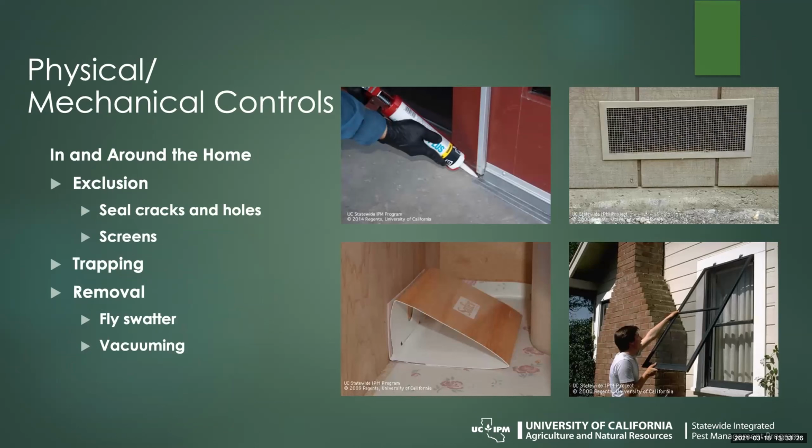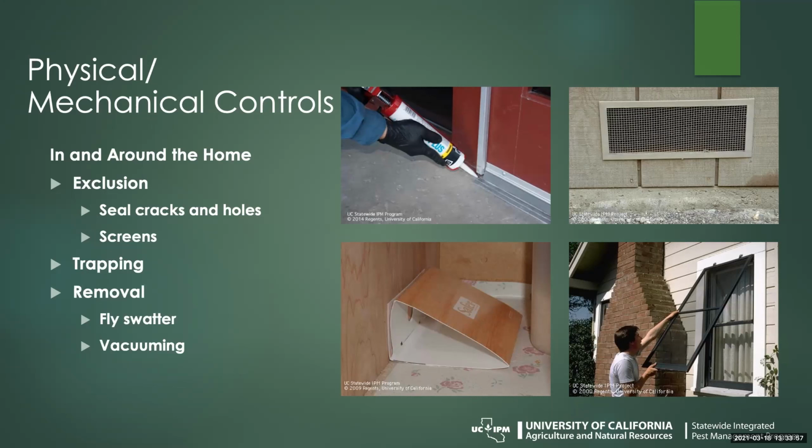So the exclusion, the sealing of cracks and holes using caulking or other materials really depends on the level of the opening. And keeping up screens. And it's not just window screens. There are vents that need screens, and other potential entryways to buildings that you want to make sure you have proper good fitting screens so that vertebrate pests can't get in, and rodents like rats and mice.